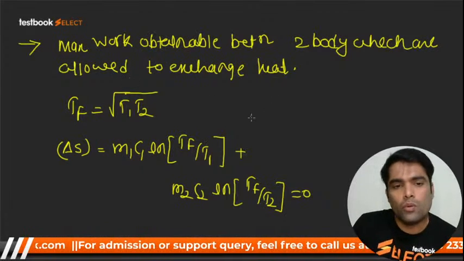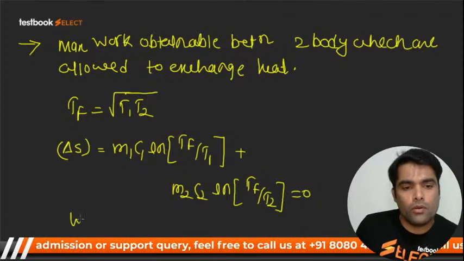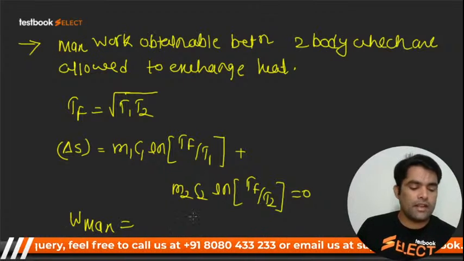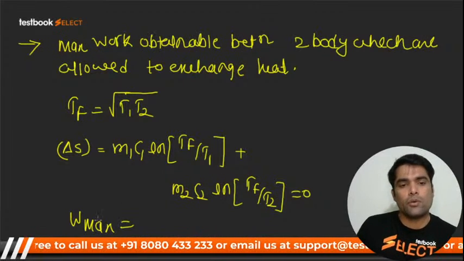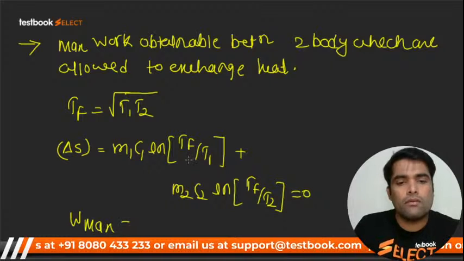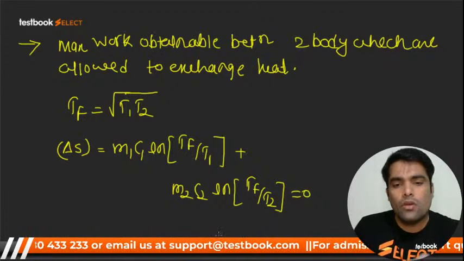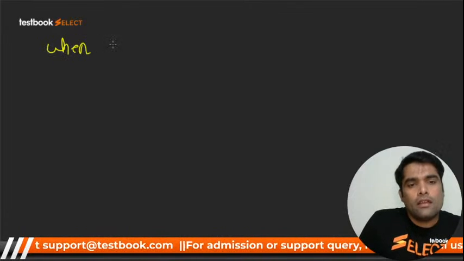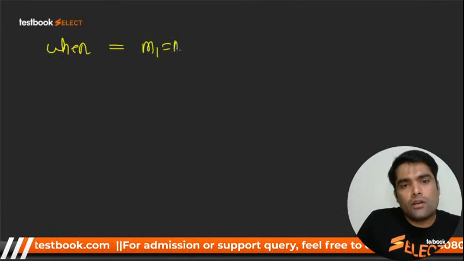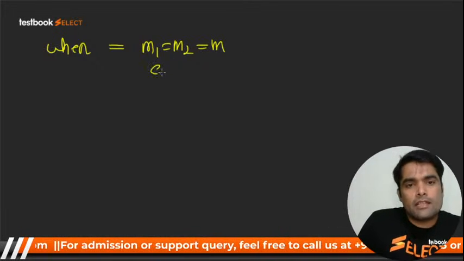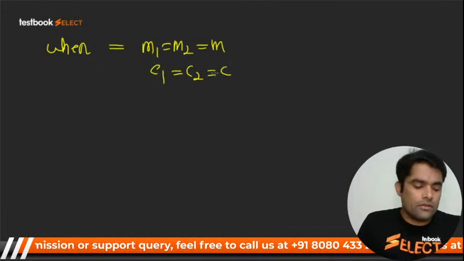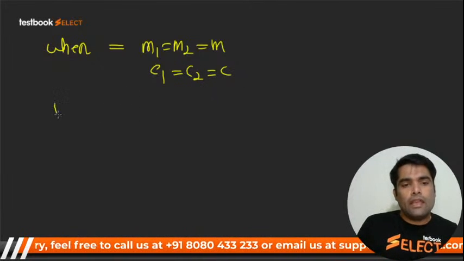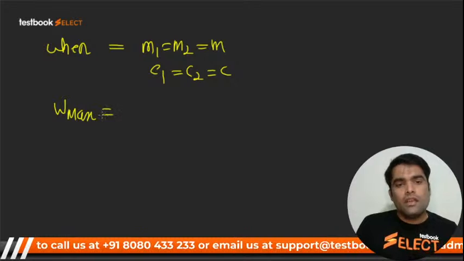And here you will get W. What will be the formula for W? W max, my dear. Remember, wait, I'll repeat: when the blocks having mass M1 is equal to M2 is equal to M, and specific heat C1 is equal to C2 is equal to C, then at that time W max will be what, my dear?